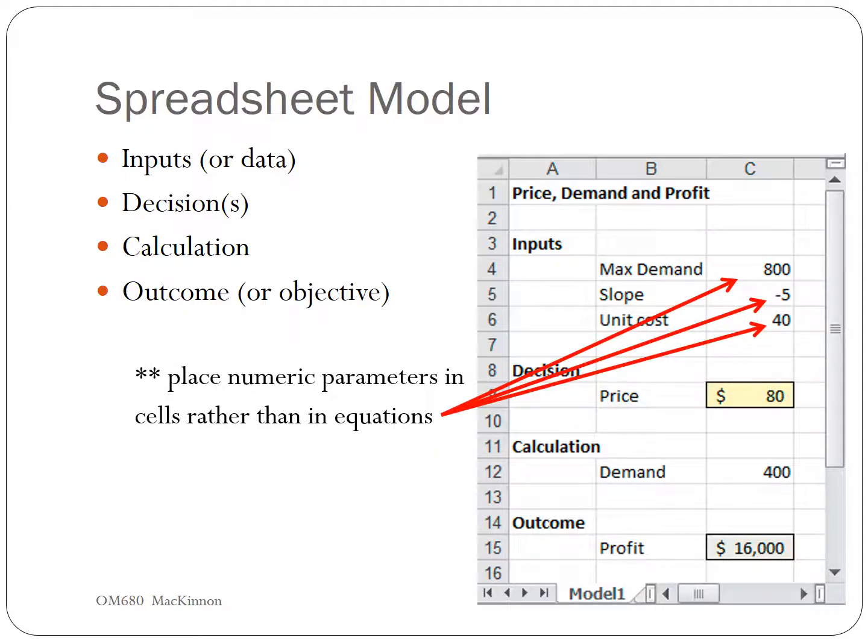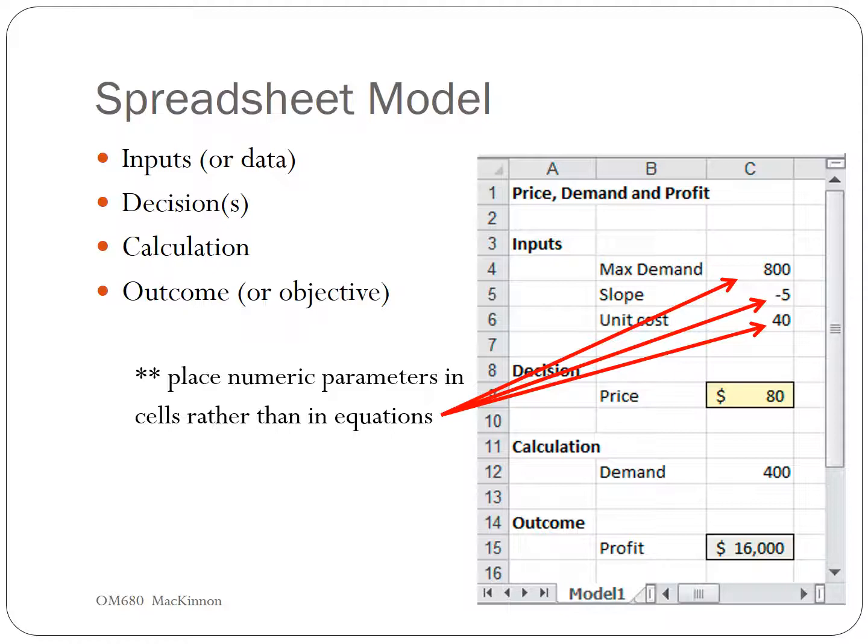Notice that the numeric parameters are placed in cells rather than burying them in equations. The novice Excel user or person doing optimization will simply embed these in the calculation somewhere. We don't want you to do that. We want you to put them out there where people can see them. A couple of reasons for this. It makes the model more understandable, and it allows us to change these parameters if we want to reuse the model.